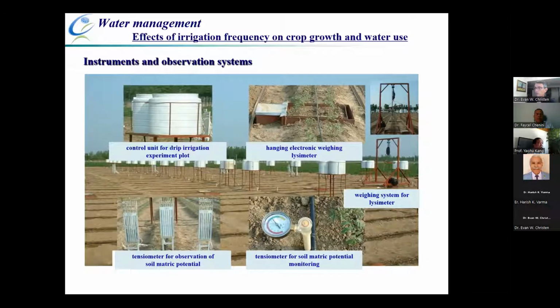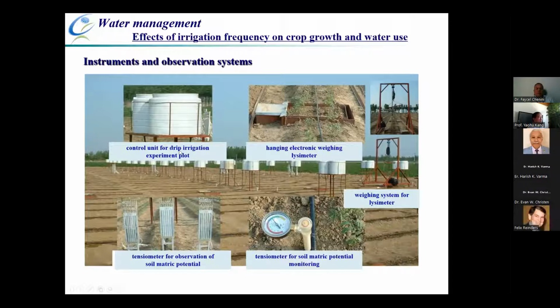We use the gravity drip irrigation system. This is the control unit for the drip irrigation experiment plant. For the purpose of getting the correct ET, we developed the electronic weighing lysimeter. This is the system for weighing.